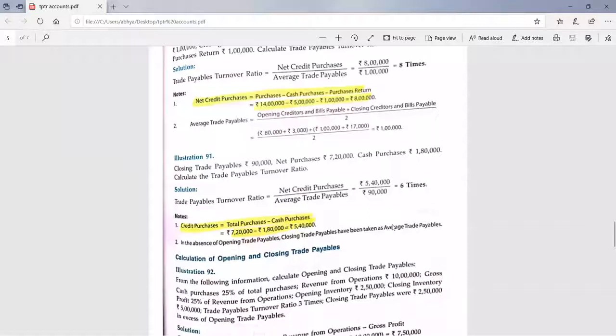Start doing this question. I think this question will take a little bit more time because it's a very important 4-marker question. And I'm reading the question side by side. From the following information, calculate opening and closing trade payables.